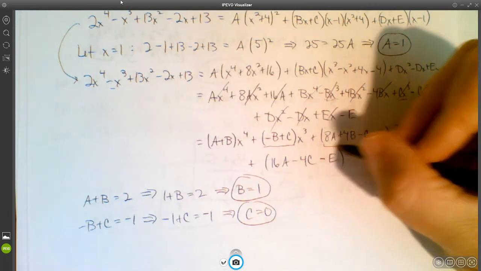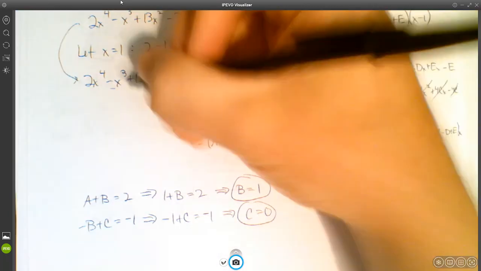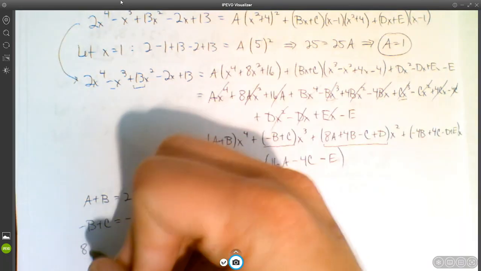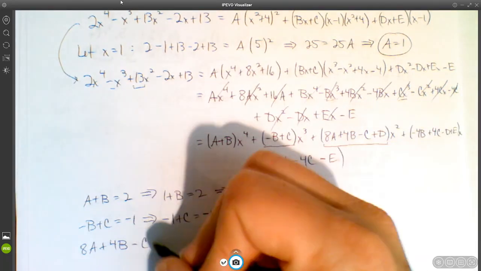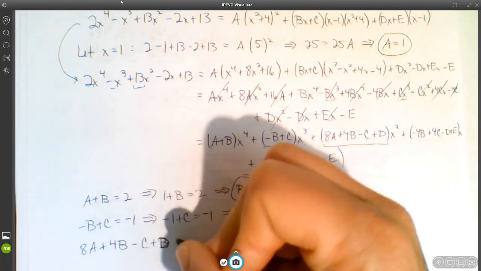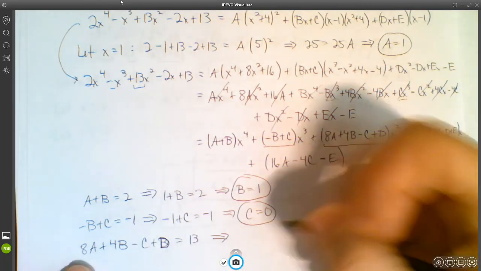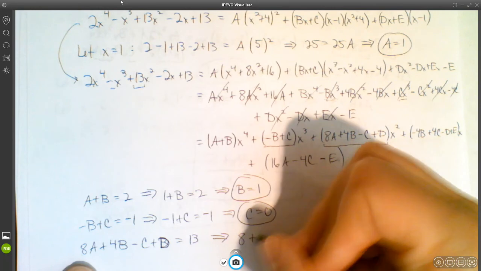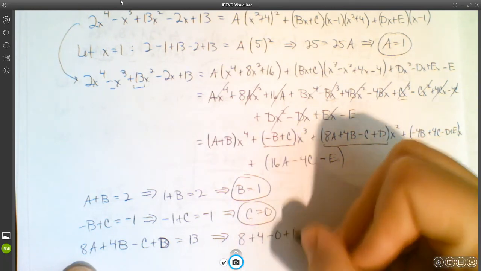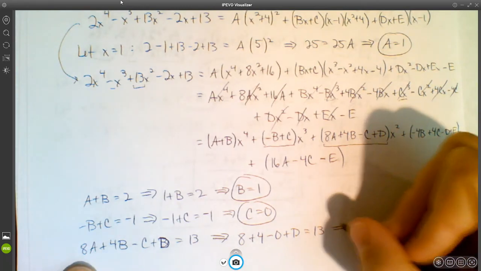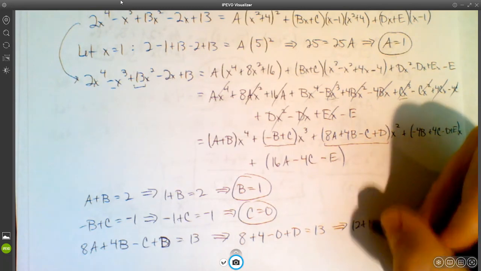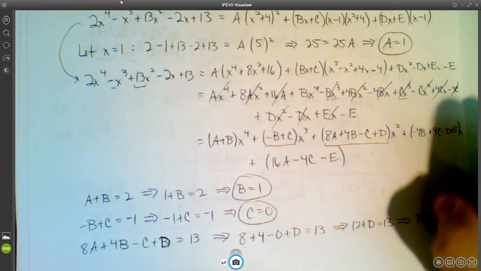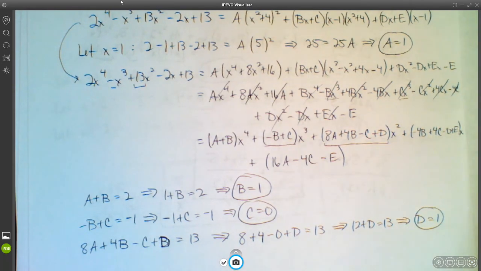I know that 8a plus 4b minus c plus d has to equal 13. Well, a is 1, b is 1, c is 0, so 12 plus d equals 13, so d is 1. How boring. Everything is either 1 or 0. D, and then I need e.